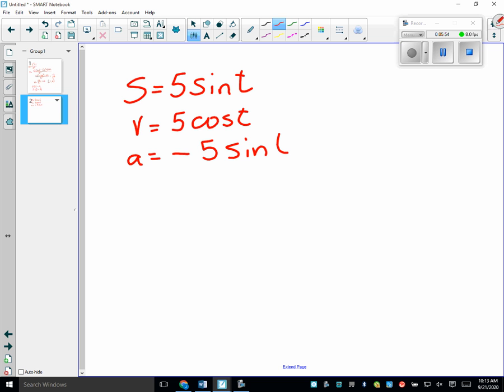Okay. If I said write this down, 5 negative sine t, like Griffin did, and I write that, isn't it going to look like 5 minus sine of t? Yeah.